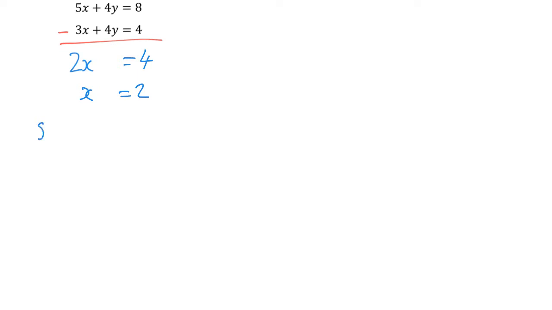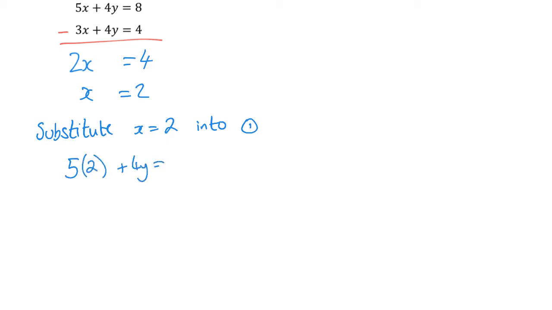What we can then do is we can substitute x equals 2 into any of the equations. So let's do it into 5x plus 4y equals 8. Let's call that equation 1. Then what we've got is, instead of 5x, we've got 5 times 2 plus 4y equals 8.